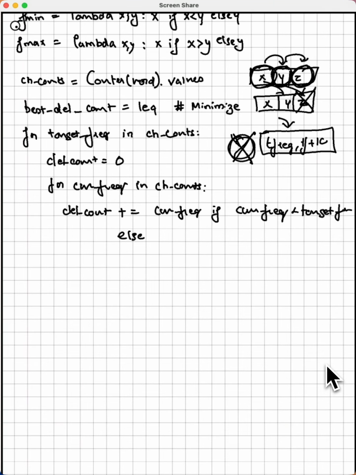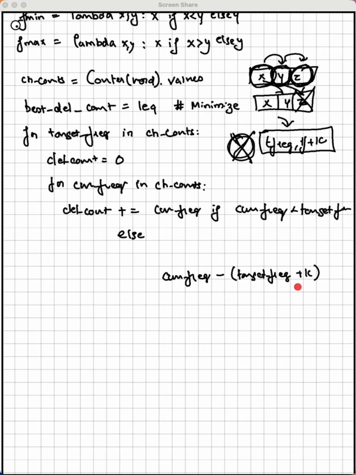So let's write that part. If the curr frequency is lesser than this range, then this is going to become negative, so let's handle that by returning 0 deletions. So this is our code, and all we need to do is keep adding this at the end.